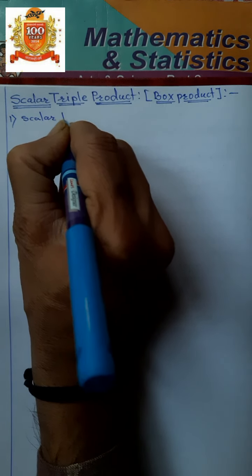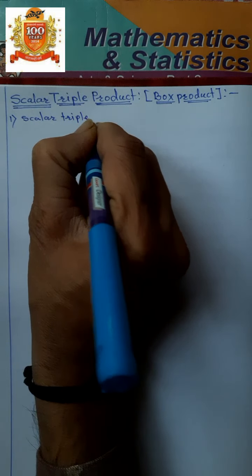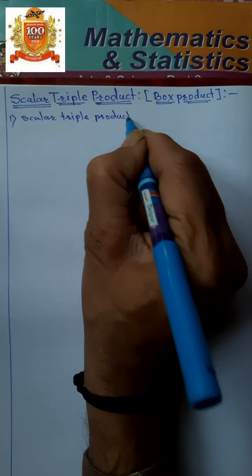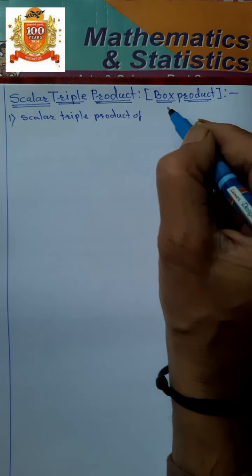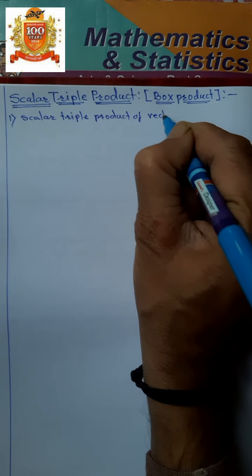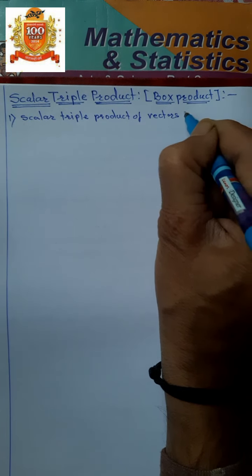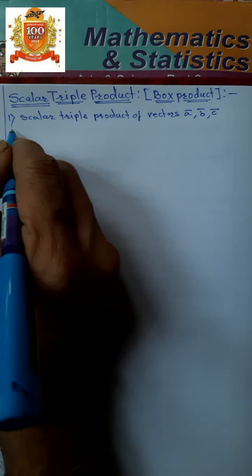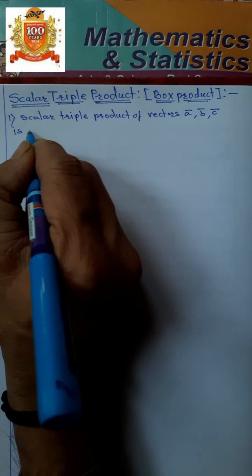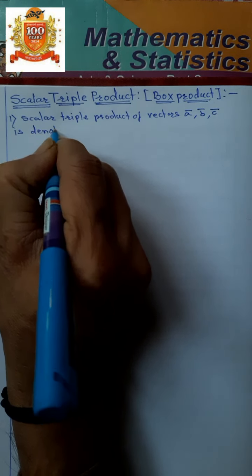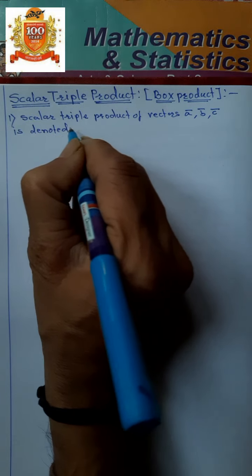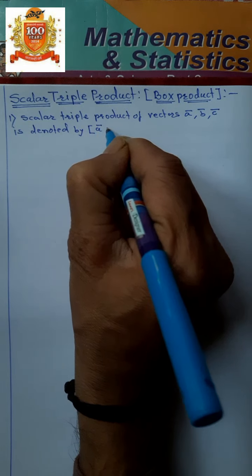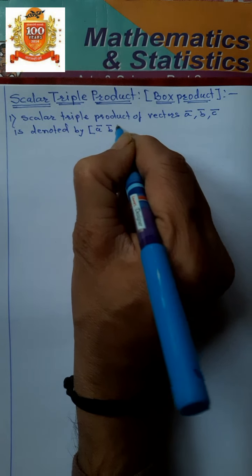One. Scalar triple product of vectors a bar, b bar, c bar is denoted by [a bar, b bar, c bar].